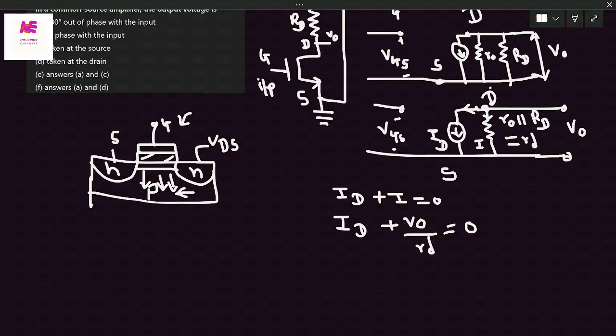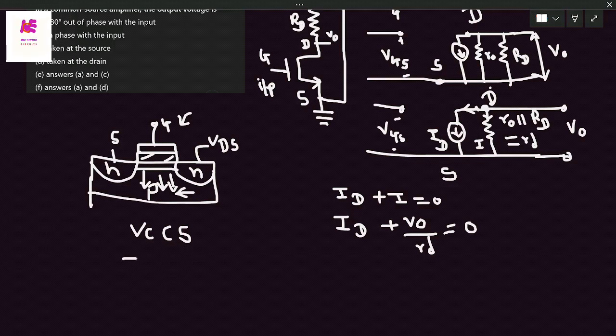So this is simply the MOSFET operation. If you apply the gate voltage, the inversion layer is formed and the current will flow as per the VDS application, and that is the reason the MOSFET is called a voltage controlled current source. As we are applying the gate voltage, the channel is formed and we can control the channel current as per the gate voltage, and that is the reason the MOSFET is called a voltage controlled current source.